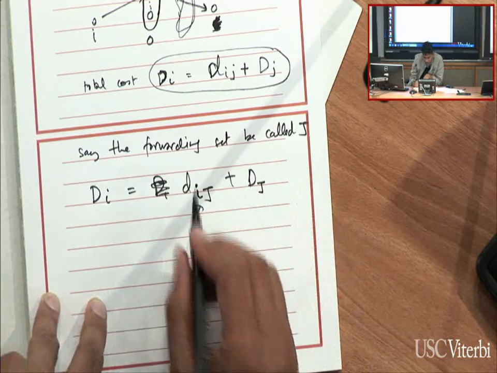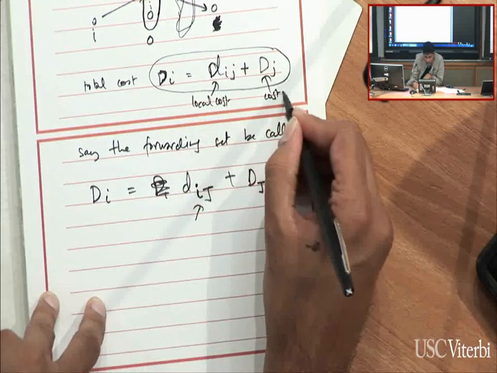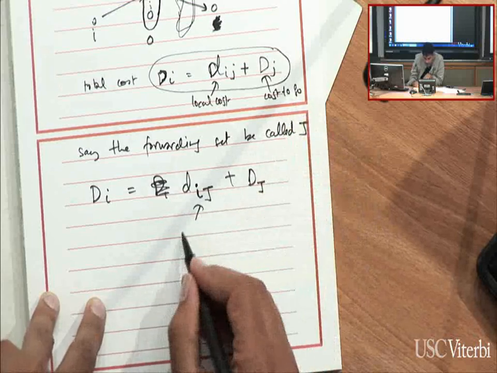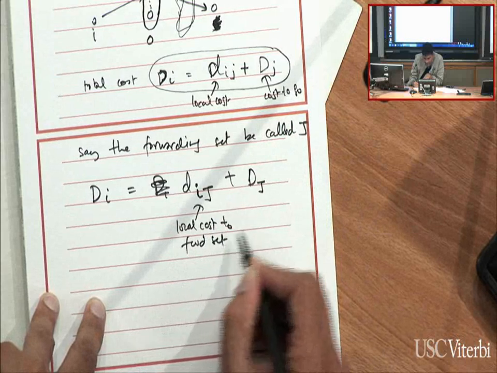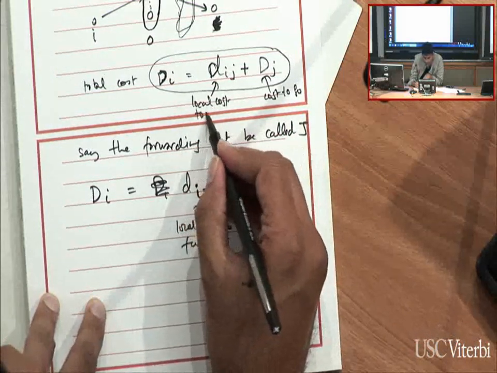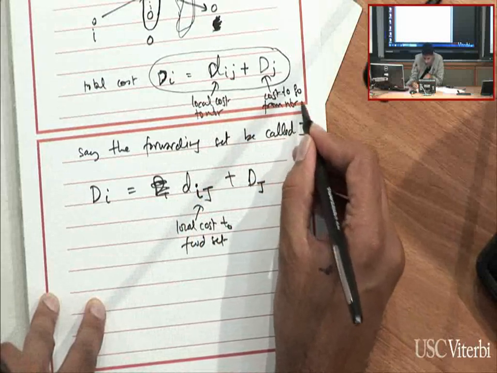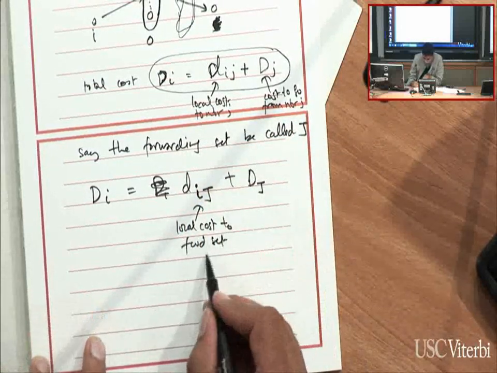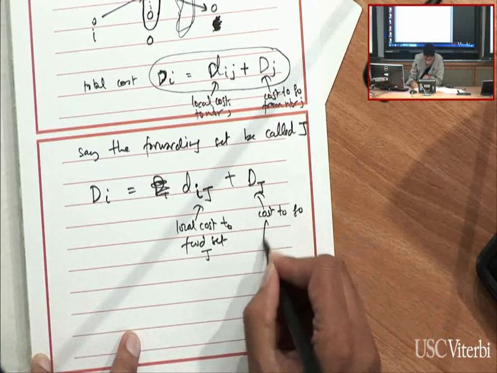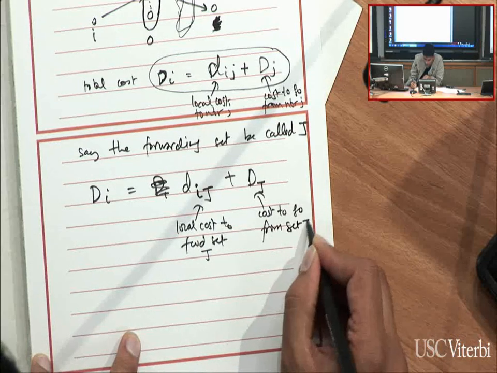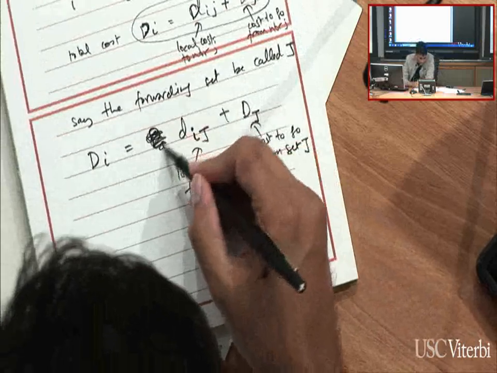Here it was the local cost, and this is sometimes called the cost to go. So this part is the local cost, but to a forwarding set. Here was the local cost to neighbor j and the cost to go from neighbor j. Here it's a local cost to the forwarding set J, and this is the cost to go from set J. So we're basically going to have to redo this calculation.